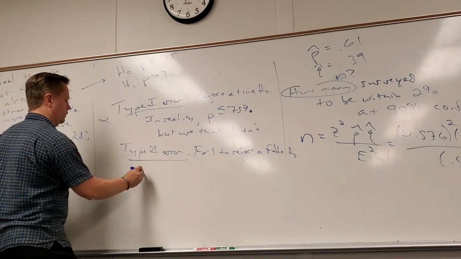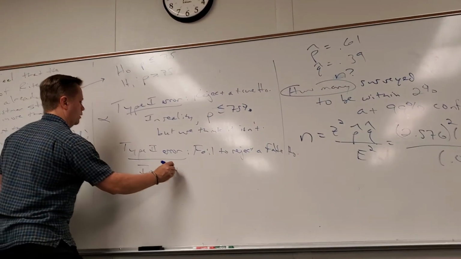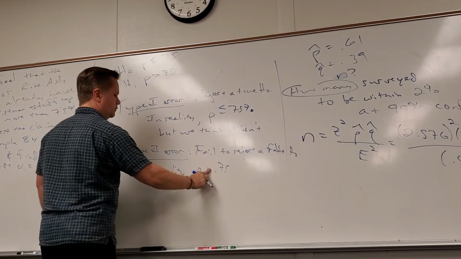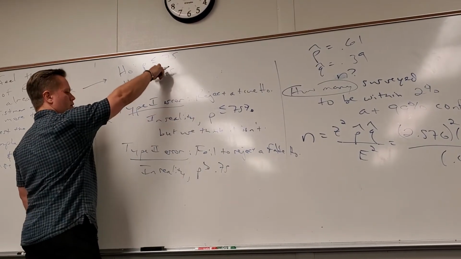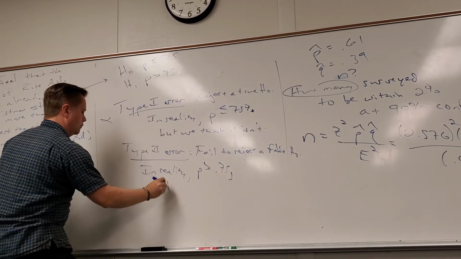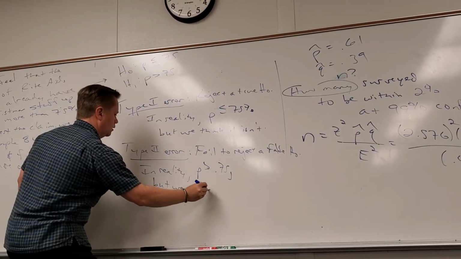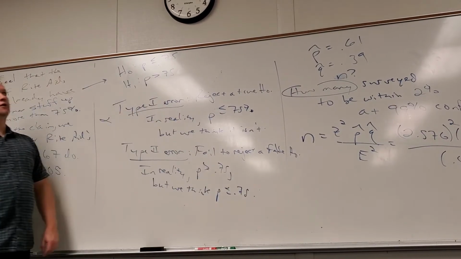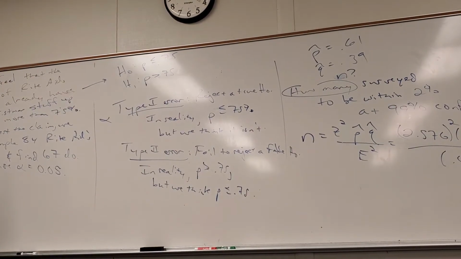So in reality, P is less than 75%, sorry, greater. So that's wrong, but we think P is less than or equal to 0.75. We think the null is true, when in reality, it ain't.